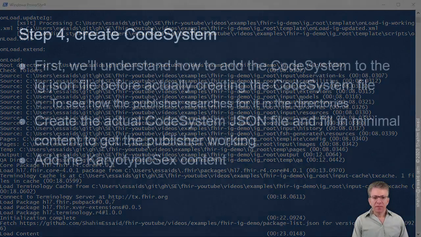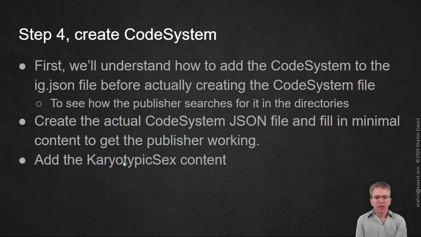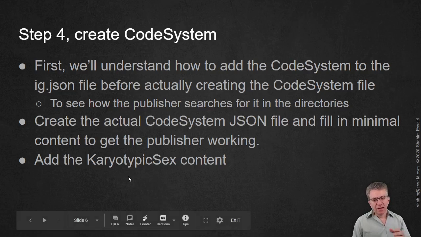Okay, so let's go back and now talk a little bit about adding the code system. First, I want to show how to tell the ig.json file that your implementation guide is supposed to include this code system that you are going to create. It's a single file. So you'll create that code system in a file, but you also have to tell the IG publisher through the ig.json file that you want this code system included. The publisher by default scans these folders that I showed and discovers things.